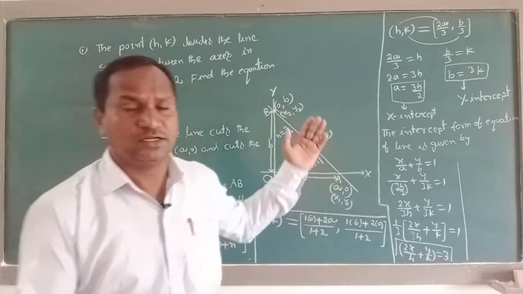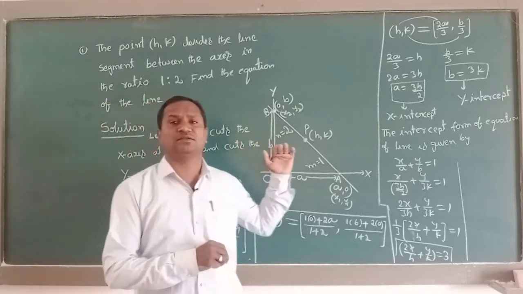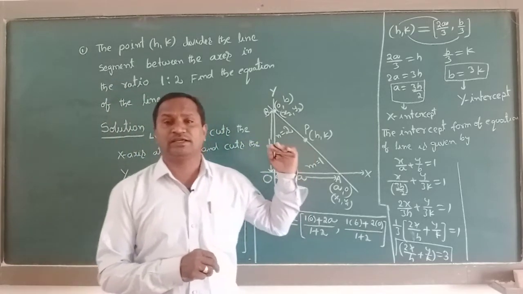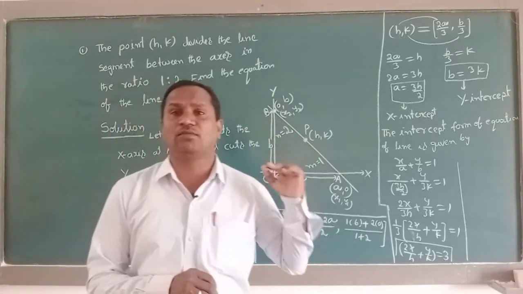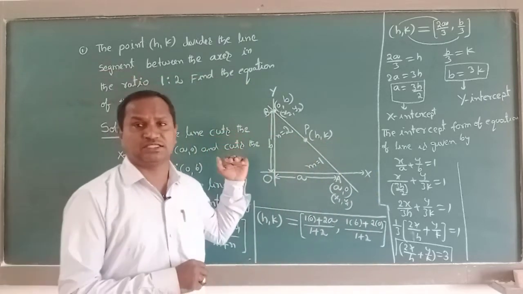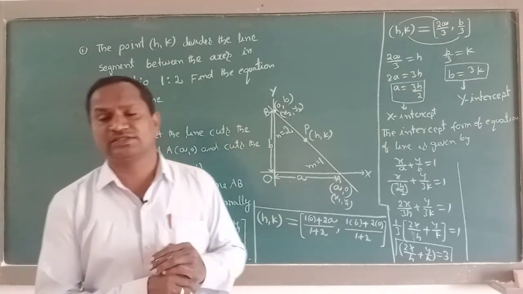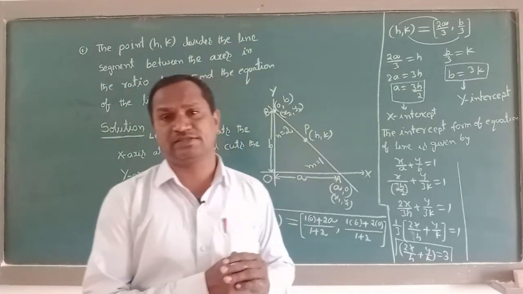But here division is there. That point divides the line segment in the ratio 1:2, so here I have to apply the section formula, that is (mx2 plus nx1) whole divided by (m plus n), comma, (my2 plus ny1) whole divided by (m plus n).